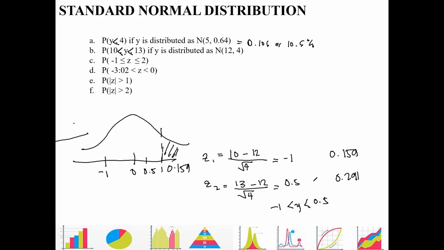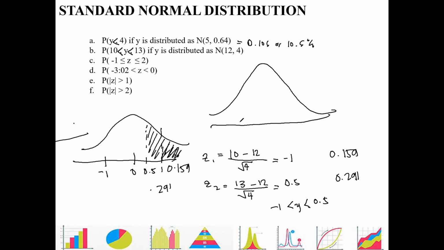And then yung 0.5, ito, is 0.291. So, since symmetrical yung 0.159 na yon, kung titingnan natin siya dito sa table, sa negative, ito na yung 0.159.